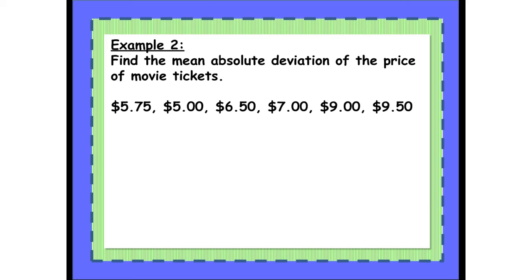So the first thing that we need to do is find our mean. So you're going to take your calculator, add up the numbers. Okay, so when I added them up, I get 42 and 75/100. And I need to divide that by 1, 2, 3, 4, 5, 6, because there are 6 numbers.